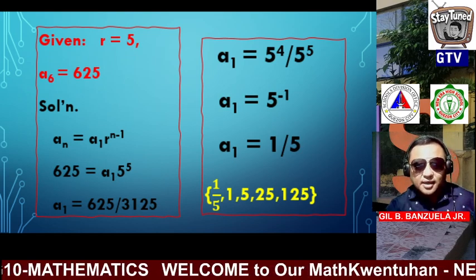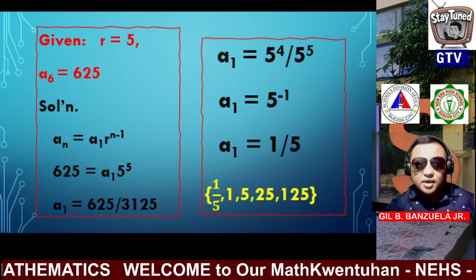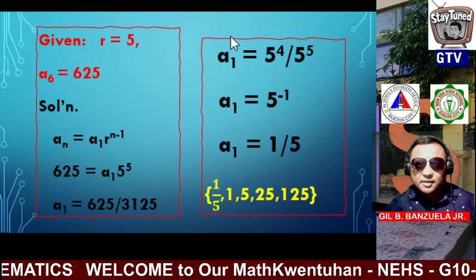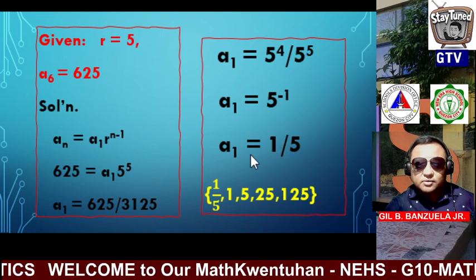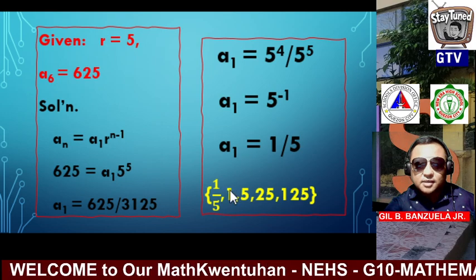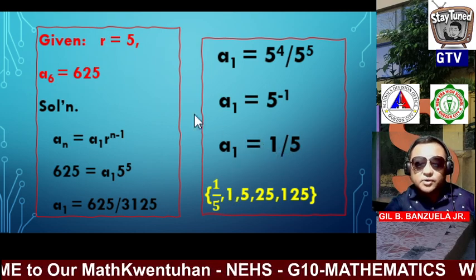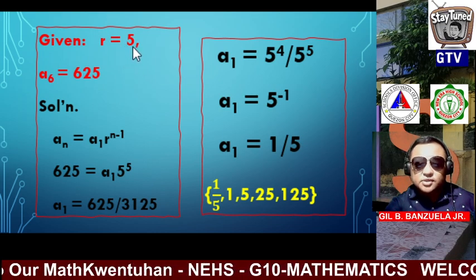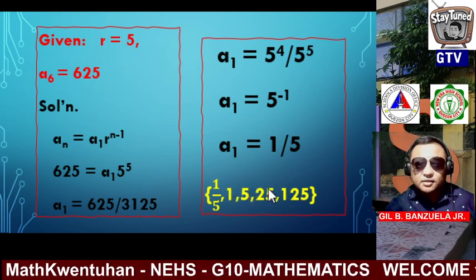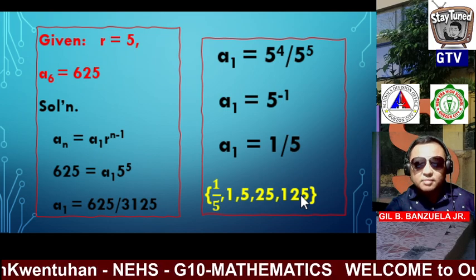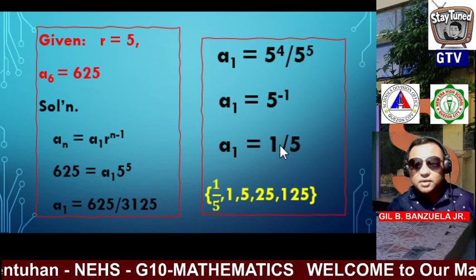Clear? Again, take note, if you get the first element, for you to be able to tell the next element is just multiply your first term to your common ratio, then do the same to get the next item or element. Alright? So, multiply lang.